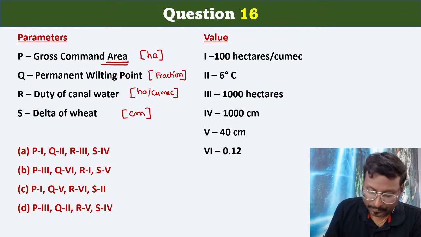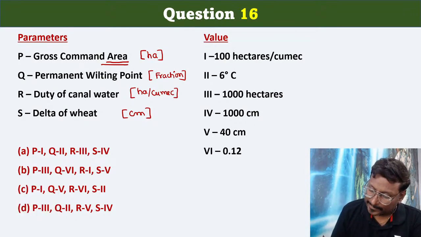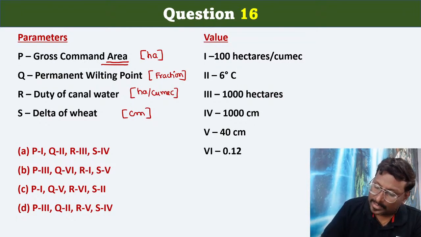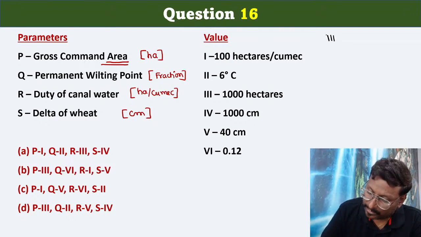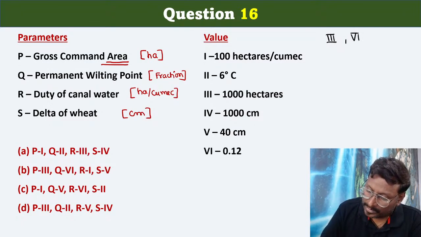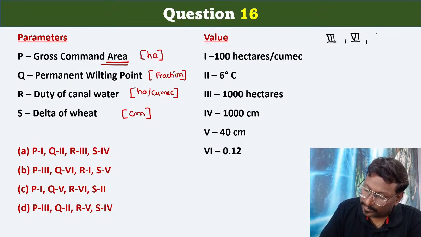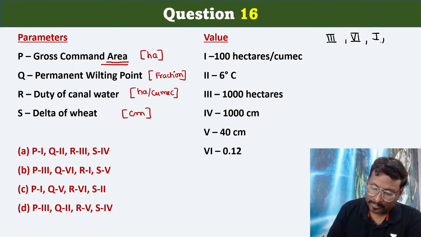So now, gross command area hectares. Hectares means 3. Permanent wilting point fraction 6. Duty hectare per cubic 1.